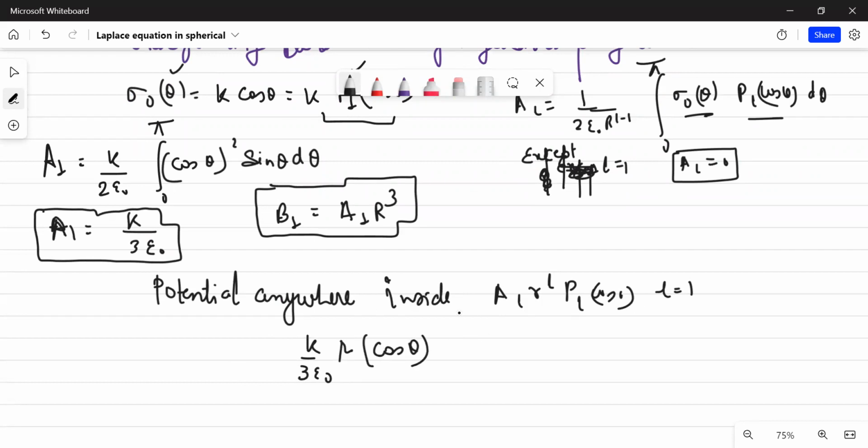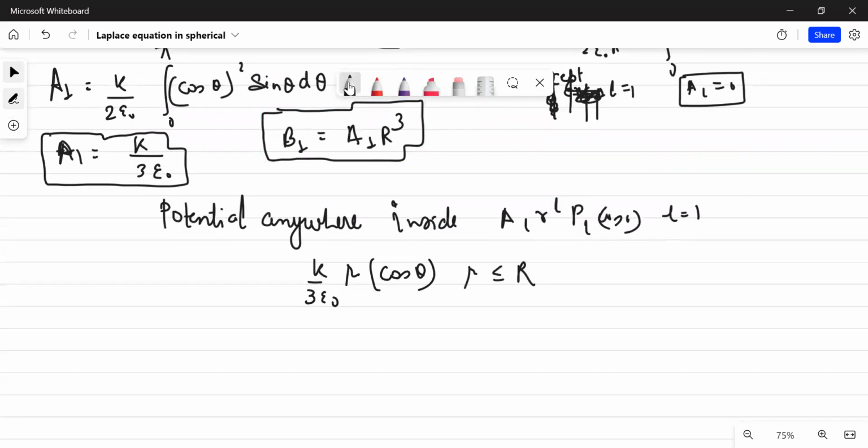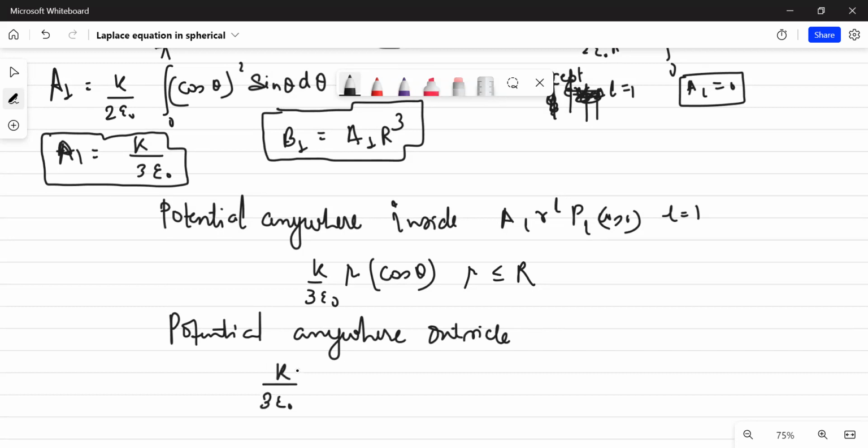So potential anywhere inside, you can write K upon 3 epsilon naught R cos theta, for all r less than R. And for all r greater than or equal to R, that is potential anywhere outside, can be written as k upon 3 epsilon naught, and then you should have R cube, and then you should have 1 over r square, cos theta. Is that clear?